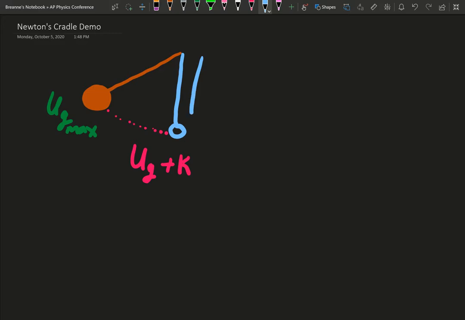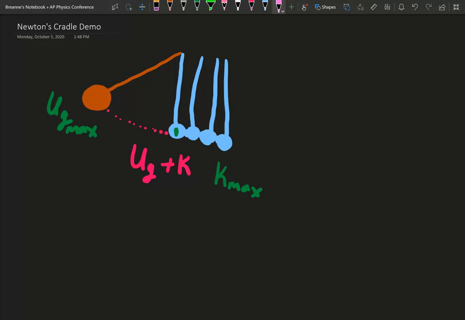And they should be touching. So once it gets to the bottom here, right when it hits, we're going to have our max kinetic energy.